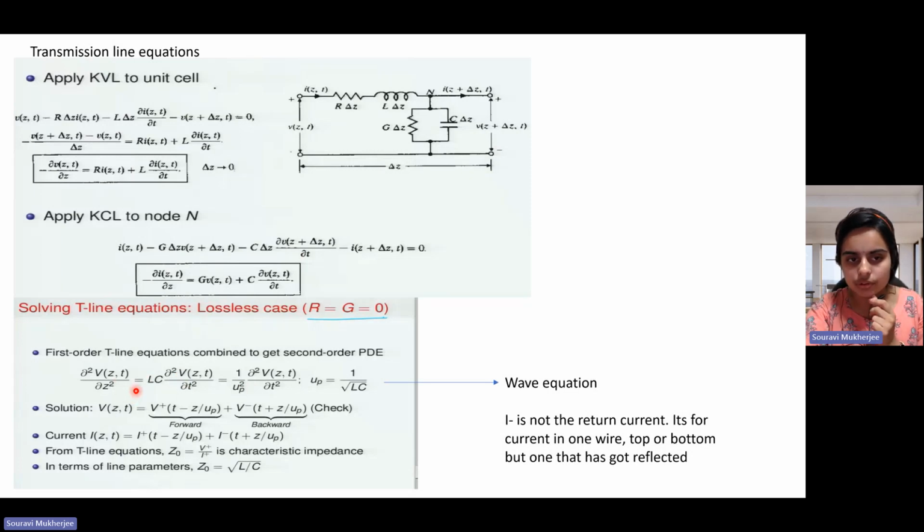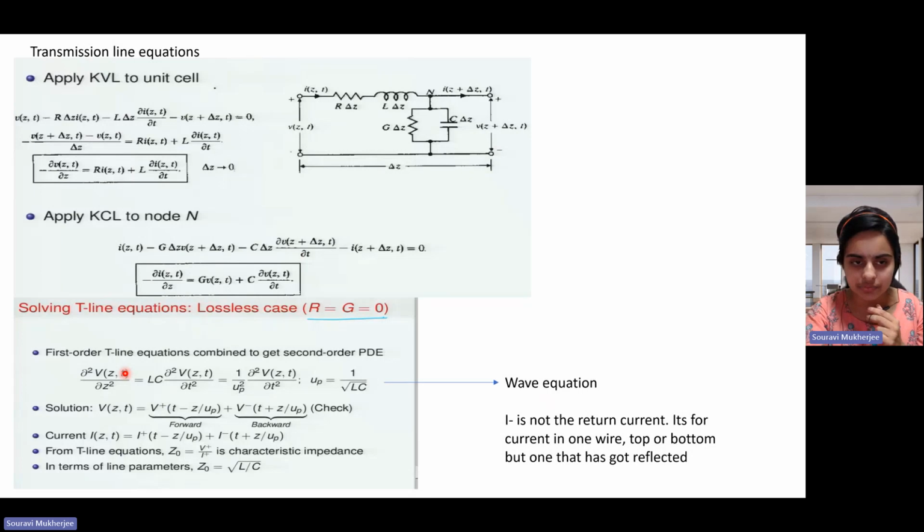Now if you look at this carefully, it's actually similar to the wave equation, right? Where now the velocity of the wave is given as 1 by root over LC, right? This is some kind of a wave velocity, and this is like a wave equation. So it's a wave equation of your voltage changes. And what is voltage basically related to? It's related to the changes in current, right?